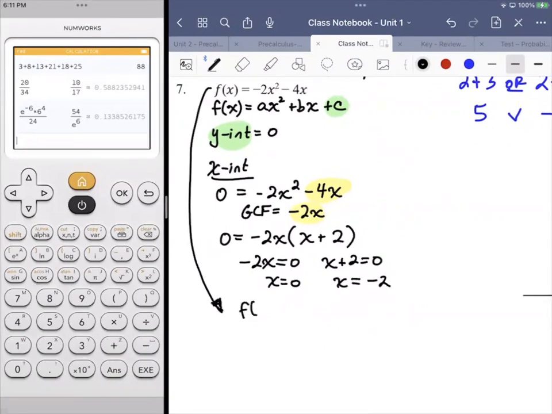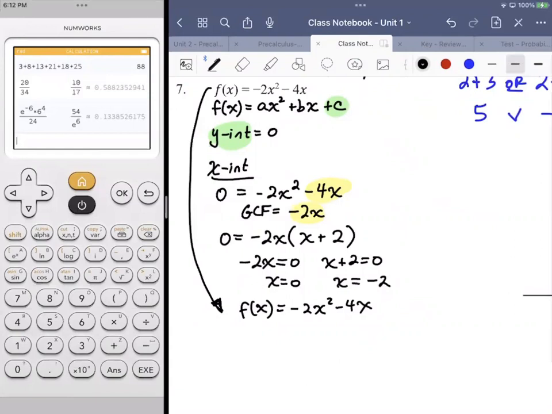I'm going to take my original function, f of x is equal to negative 2x squared minus 4x. I'm going to apply the completing the square approach. That's where we get rid of the c value. Surprise, we don't have a c value here. That's great. That means there's nothing to get rid of.